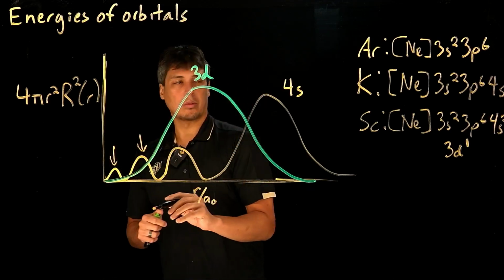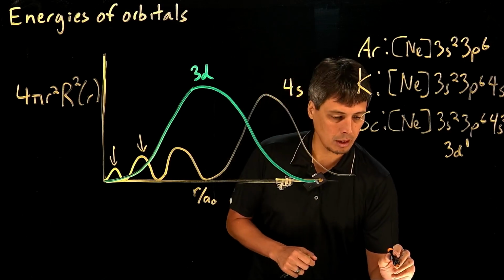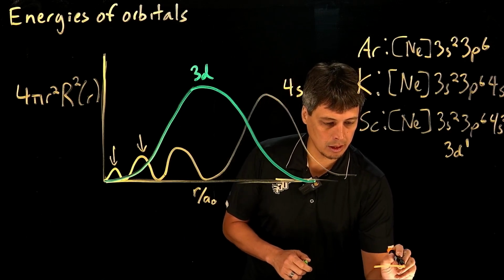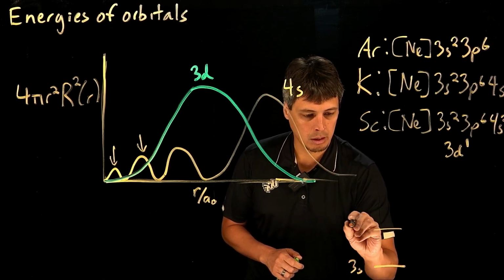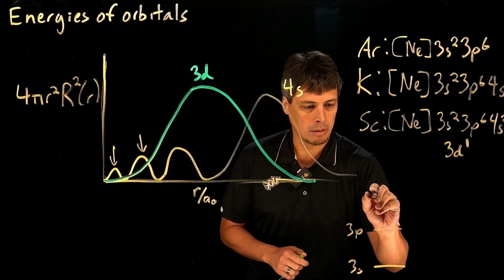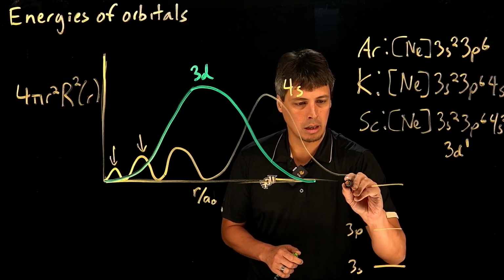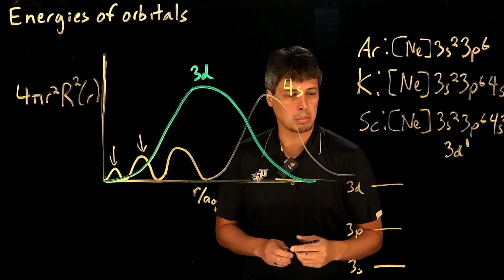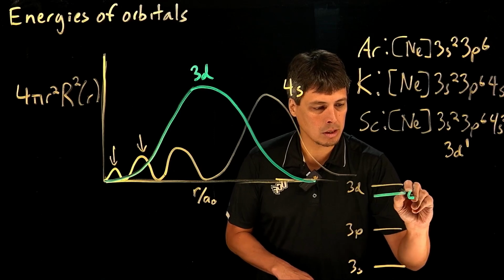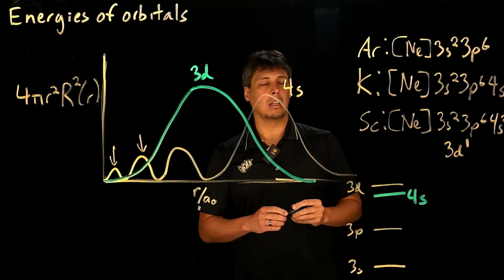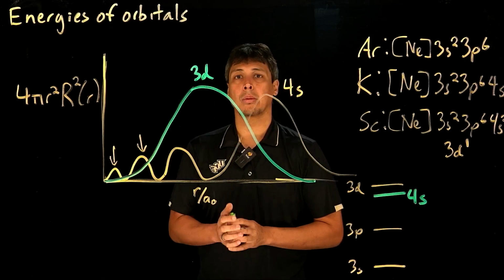And so when you're looking at the relative energies of the 3s, 3p, 3d, they look like this, but the 4s orbital is just a little lower in energy than that 3d orbital.